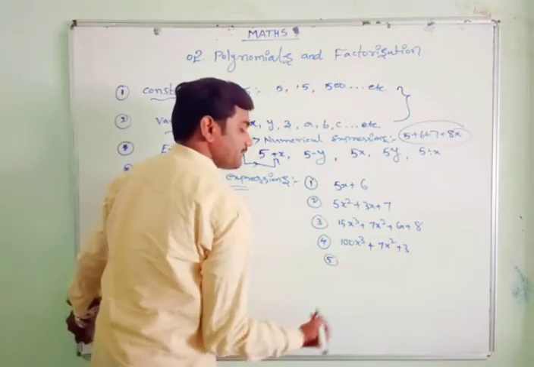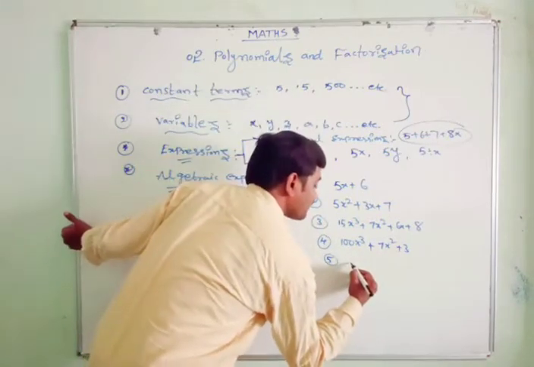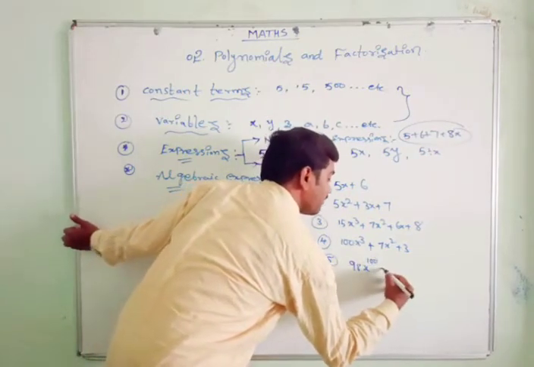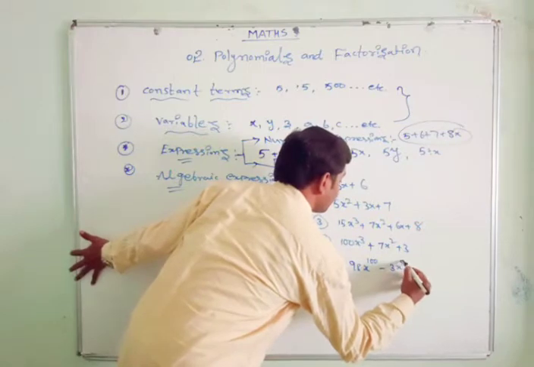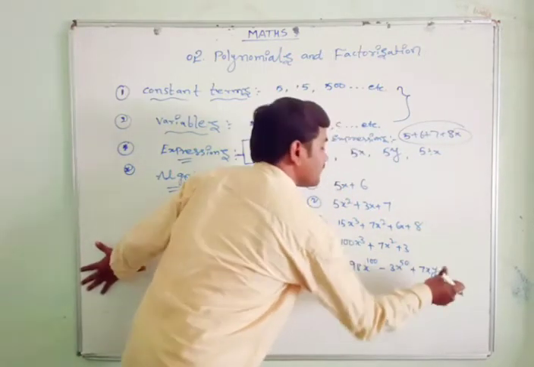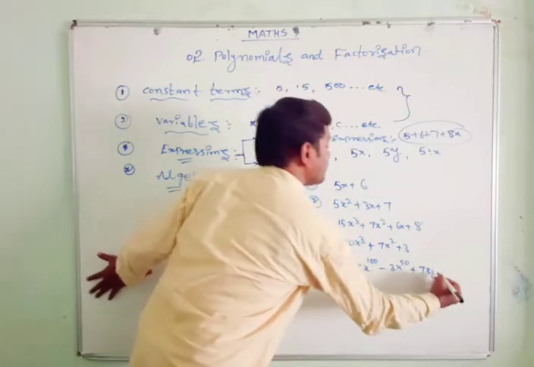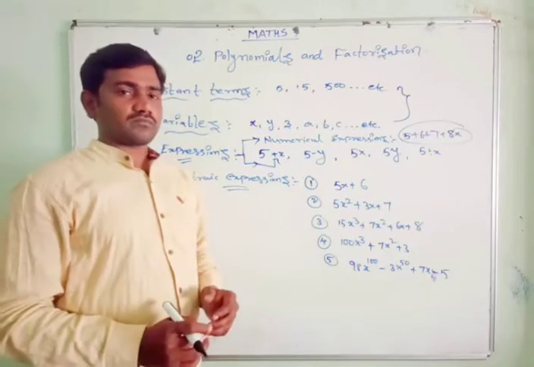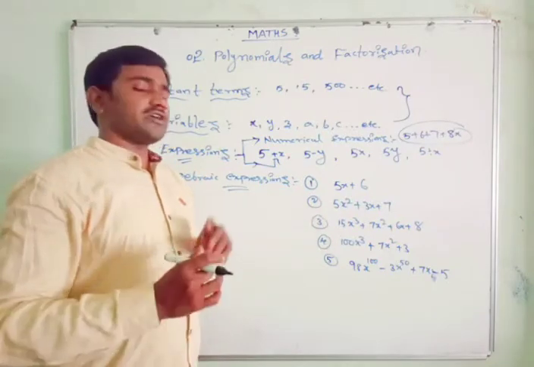Next, 98x to the power of 100 minus 3x to the power of 50 plus 7x minus 5. So these are all algebraic expressions.